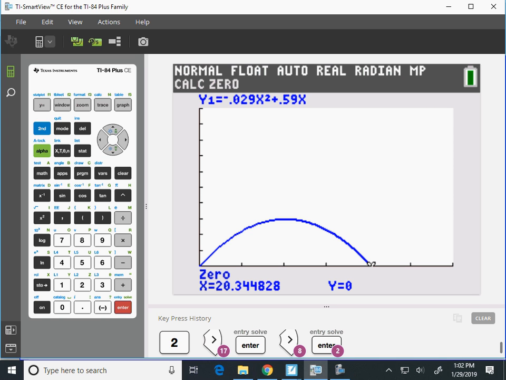When you do your right bound, you want it to be underneath the X. I got an error. An error? Sign change. Okay, so that means that you didn't go all the way above and below. Make sure you can't see it there at all. So you've got to go way underneath. Enter, enter. Tell me what the X is.